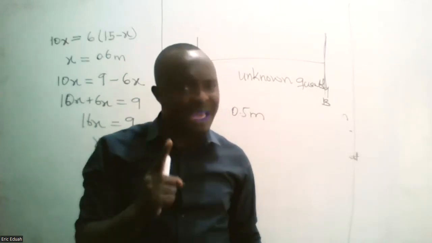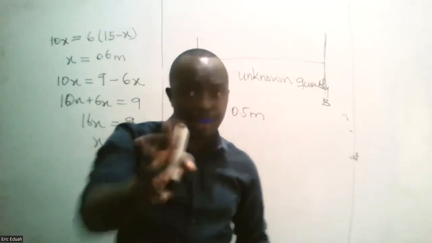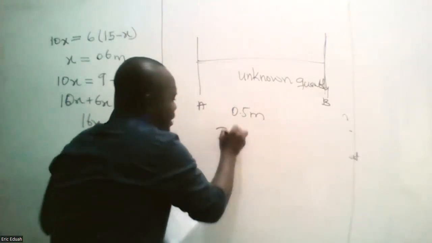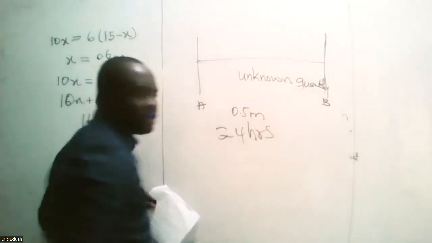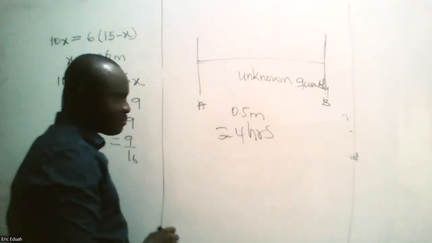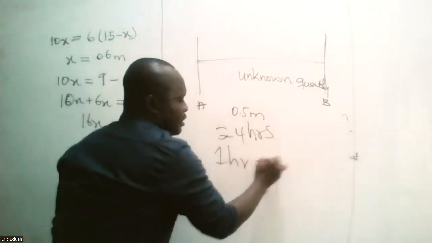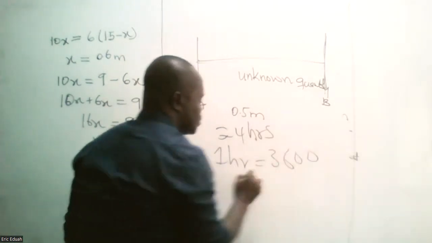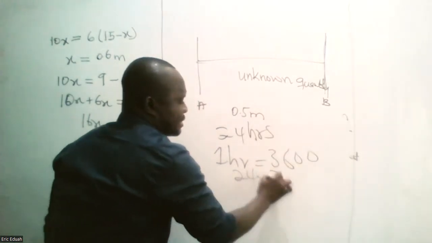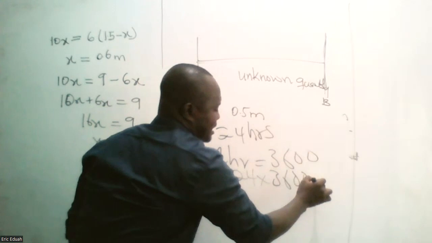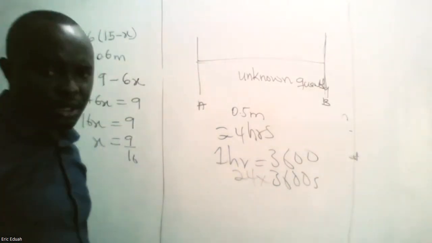So please, let's convert 24 hours to seconds. 1 hour is equal to 3,600. So 24 times 3,600 would give us the number of seconds.